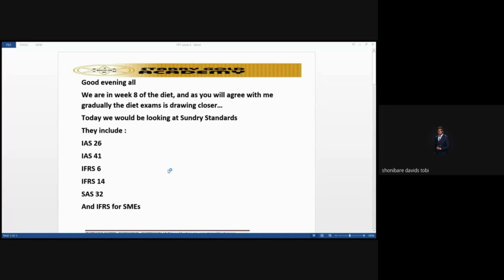Our daddies that qualified in the 1999s, early 2000s, 2009, all of that, are still familiar with SAS. So some particular standards were still kept, like SAS 32, consolidated and separate financial statements, which provides a guide on the preparation and presentation of consolidated financial statements and separate financial statements.